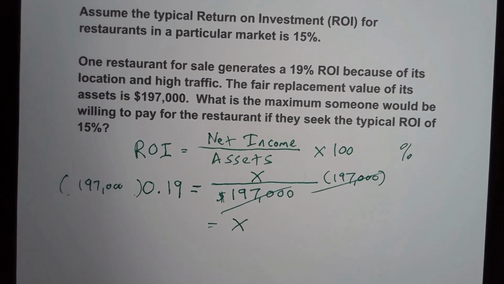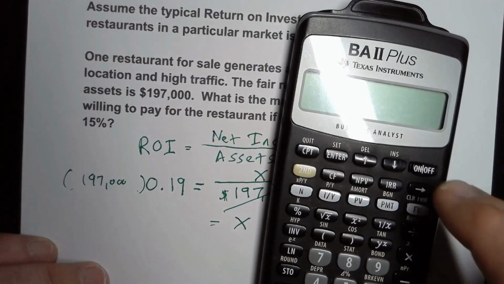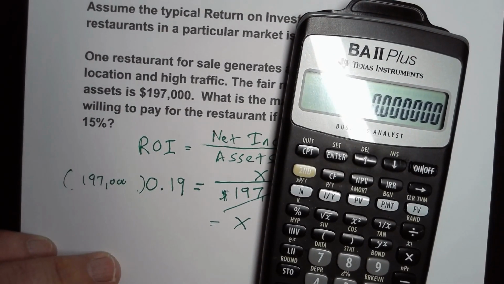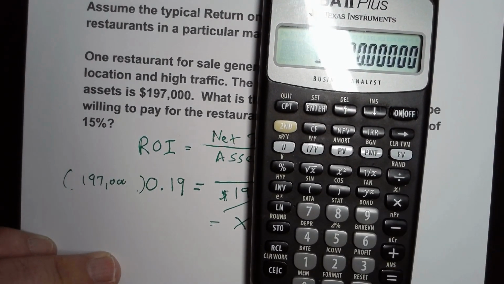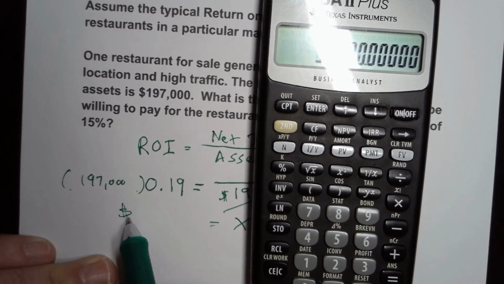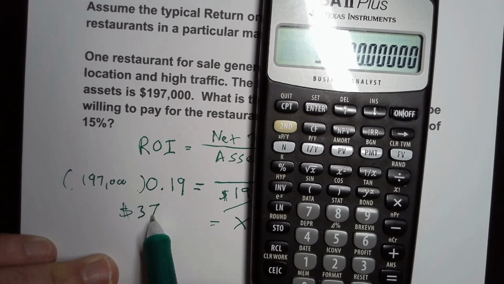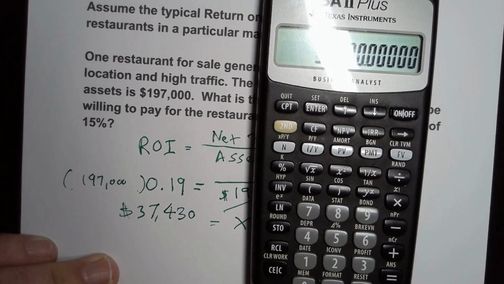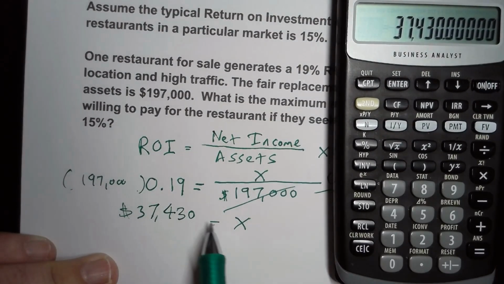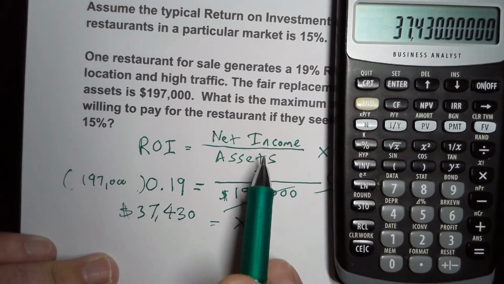Let's pull out our calculator to see what that is. So if I start out with 197,000 and I multiply it by 0.19, that gives me 37,430. That is our X, which is up here, which is our net income.